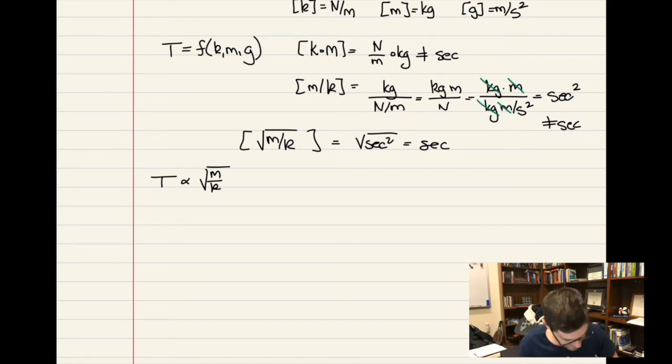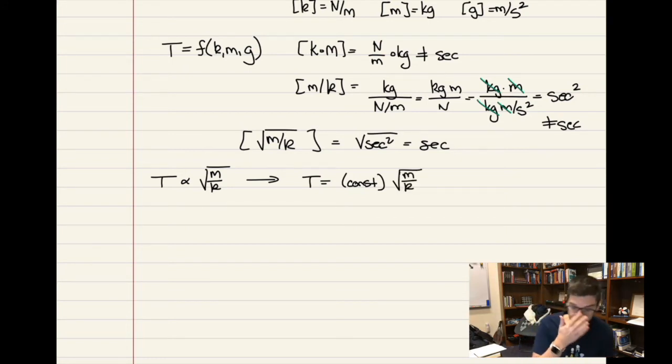Proportional means the period is some constant multiplied by the square root of m over k. The constant is some dimensionless number, 3, pi, 6, negative 1, that doesn't have units, and it's multiplied by the thing that has units, which must be seconds, because this is a period.